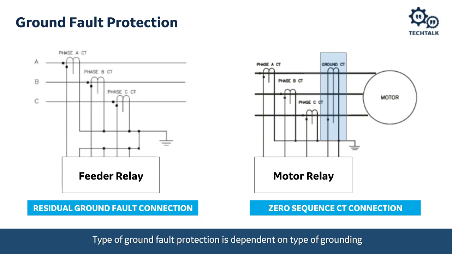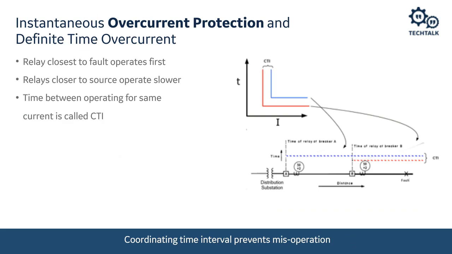Another type of overcurrent protection that we might employ is a definite time overcurrent. So a definite time overcurrent is simply the instantaneous time overcurrent that has had an intentional time delay added. So this is one of the mechanisms that we can use to start to time coordinate the overcurrent protection.